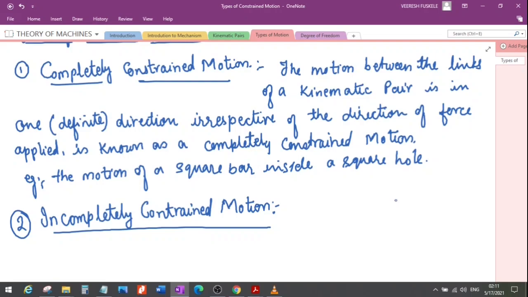In other words, in incompletely constrained motion, the elements of the kinematic pair can have more than one type of motion with respect to each other, and the type of motion between the links will depend upon the direction of the externally applied force, right?